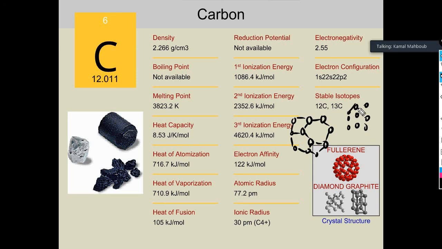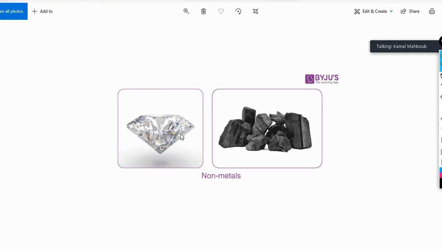Different in arrangement. That is the difference between graphite and diamond: the crystal structure, or the arrangement of these atoms with each other. Because of the crystal structure, all properties will change. This diamond will be like that, and the coal will be like that.